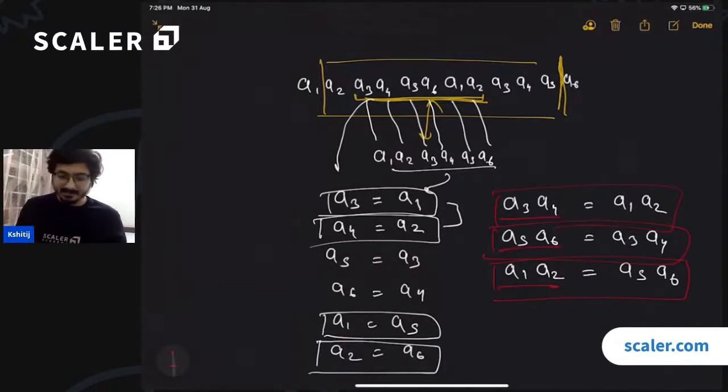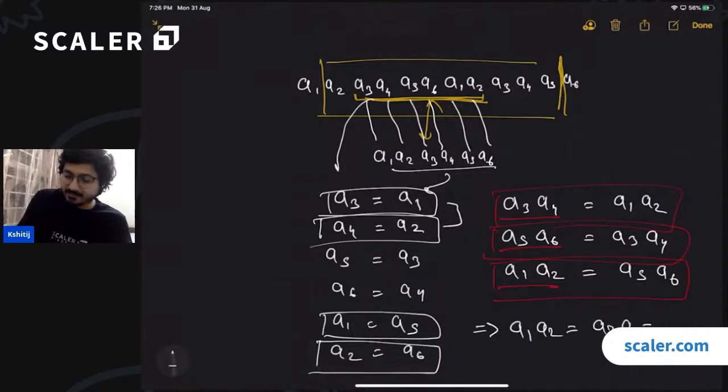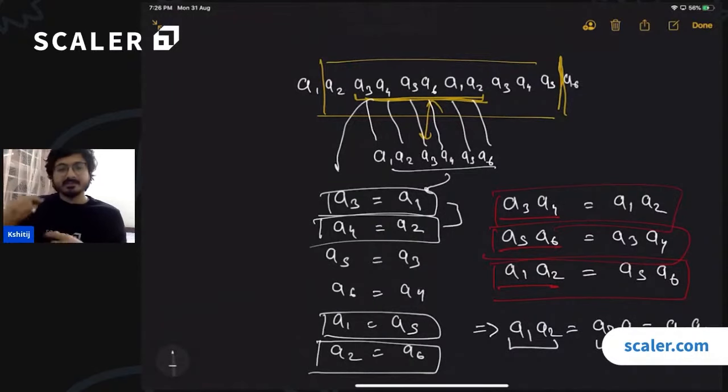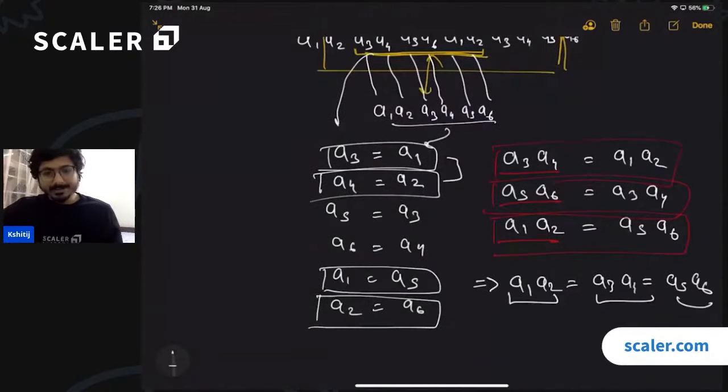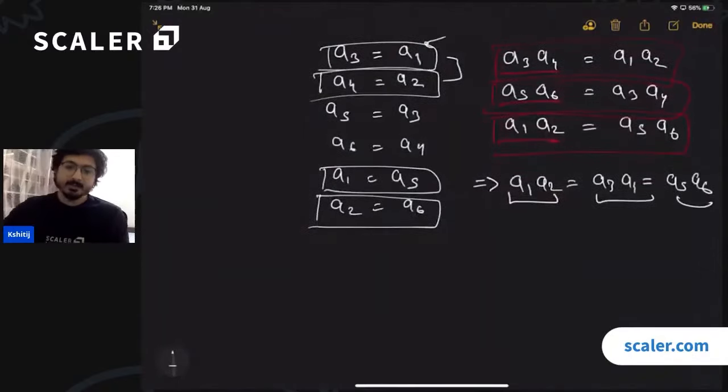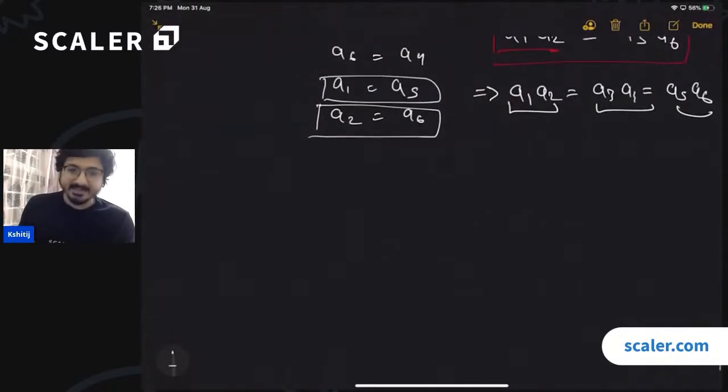Now does this make sense? What have we just proved? We have proved that A1, A2 is equal to A3, A4, which is equal to A5, A6, which means that this is a substring which is repeating. Let's take an example of a size 3 substring.